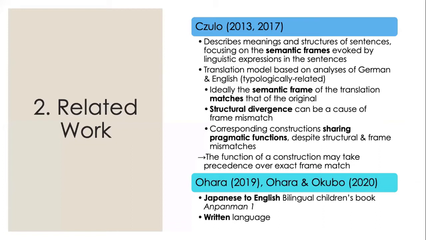So I and my collaborator applied this method to Japanese and English and examined a Japanese to English translation of a children's storybook. In other words, written language in the genre of narrative.